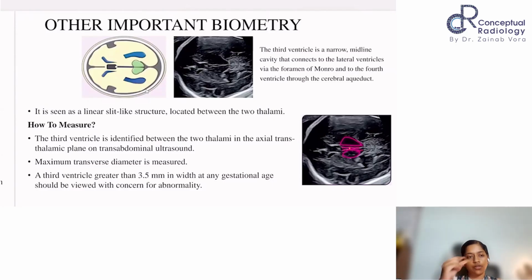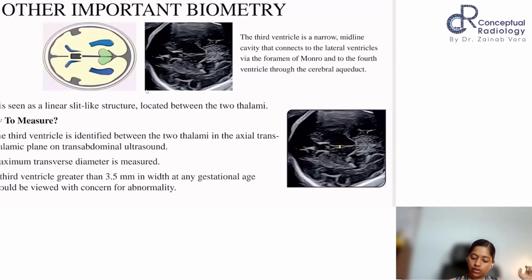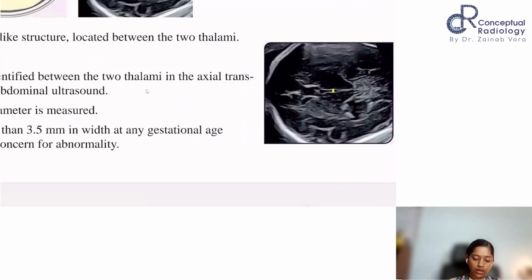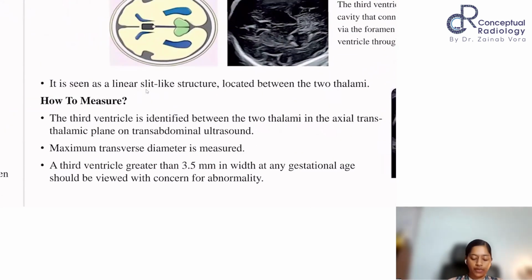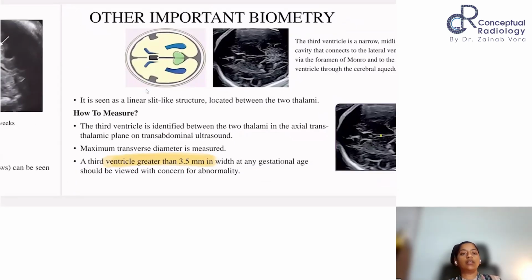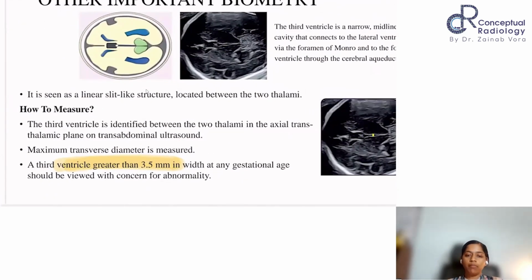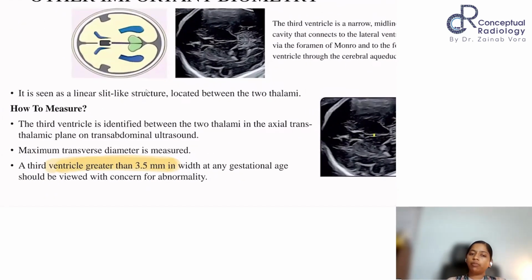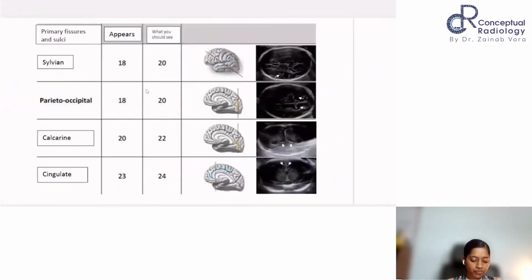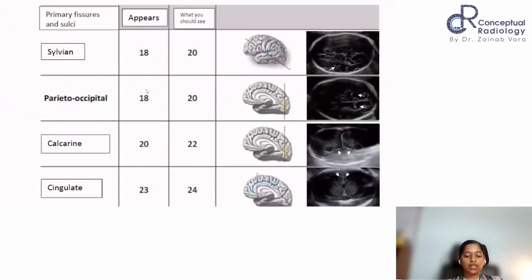So this slit-like anechoic structure is the third ventricle, and measure the maximum transverse diameter. At any point of time, it should not be greater than 3.5 mm. If the width is greater than 3.5 mm, then it should be viewed with concern that there can be an underlying abnormality.